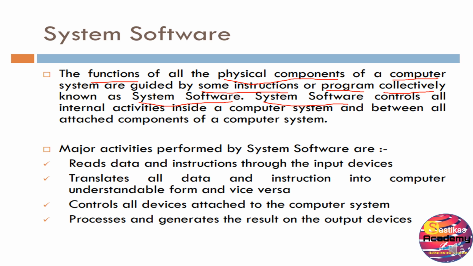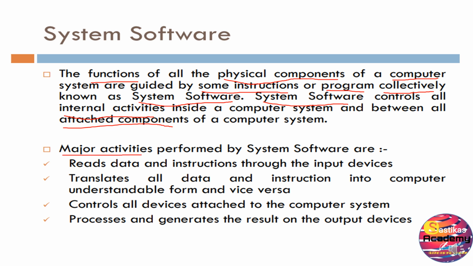It controls internal activities. What are the internal activities? Storage, reading, and some kinds of functions, everything performed inside the computer system, are all controlled by the system software. Other than that, it also monitors attached components. What are the major activities of system software?